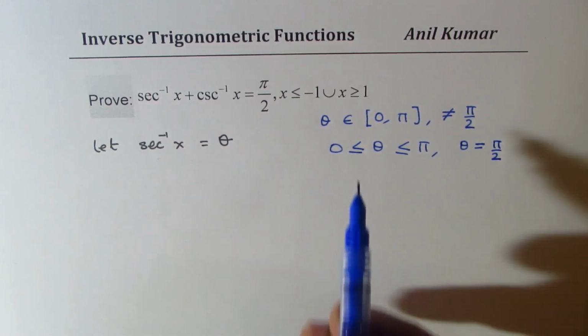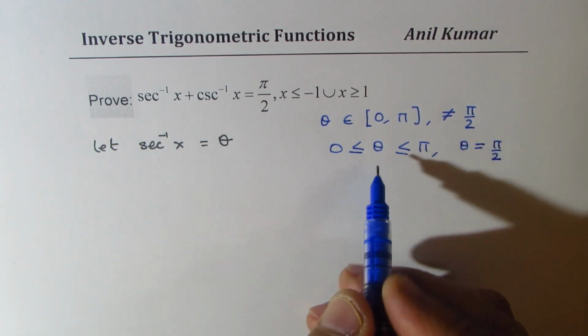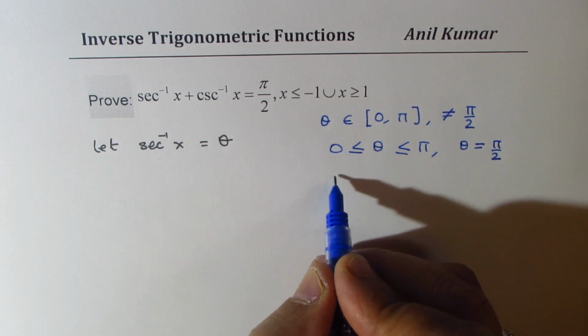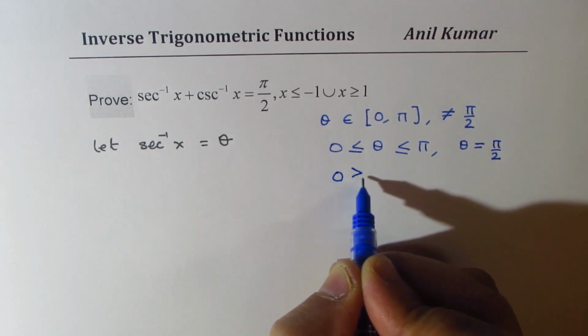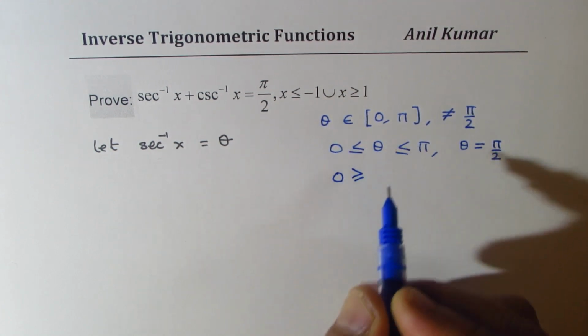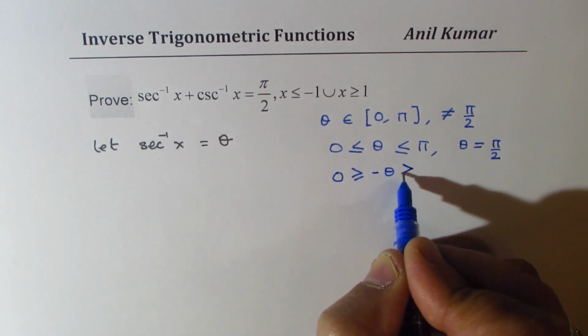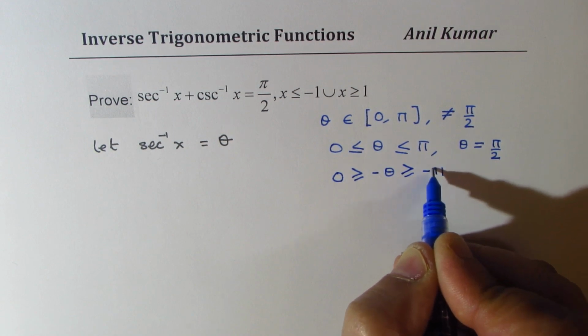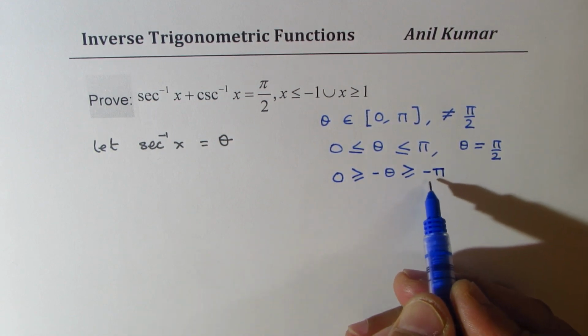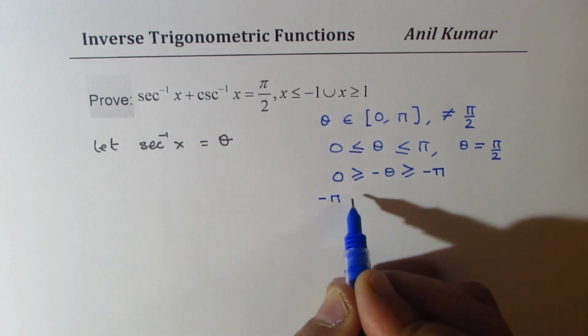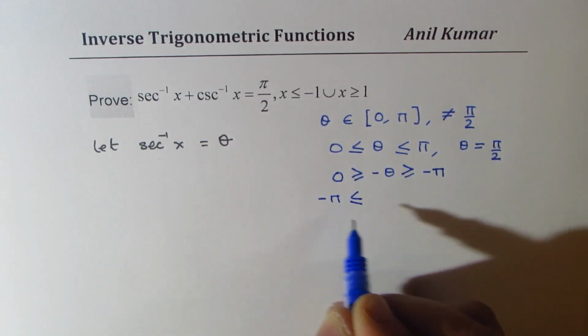Correct? Now, if I do minus, then I get 0 is greater than or equal to minus theta. When you multiply by a negative number, the sign changes, right? Minus theta is greater than or equal to minus pi. On the other side, it is better to always write lower things on the left, so I prefer to write it like this.